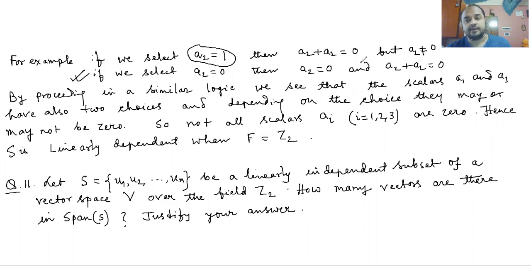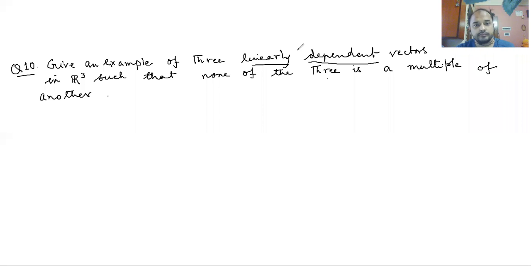Also, give an example of three linearly dependent vectors in R3 such that none of the three is a multiple of another. Any idea?